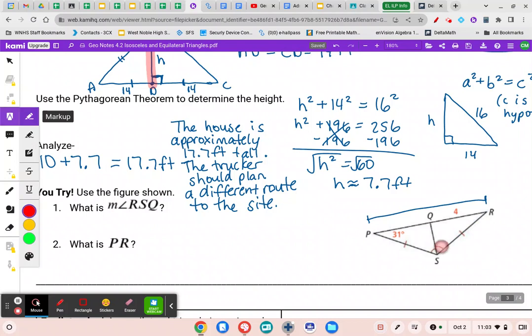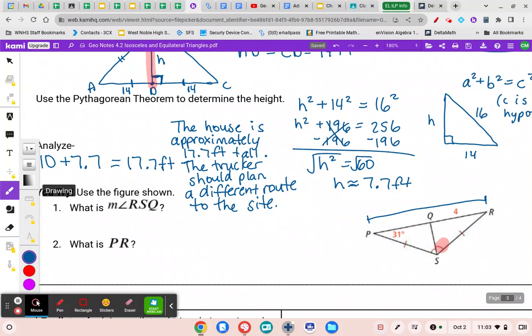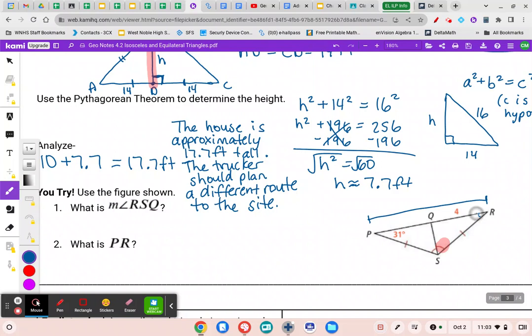I'm going to find RSQ first, this angle. To do that, I know that this angle right here has to be 31 degrees. This is an isosceles triangle, so the opposite angles are congruent.